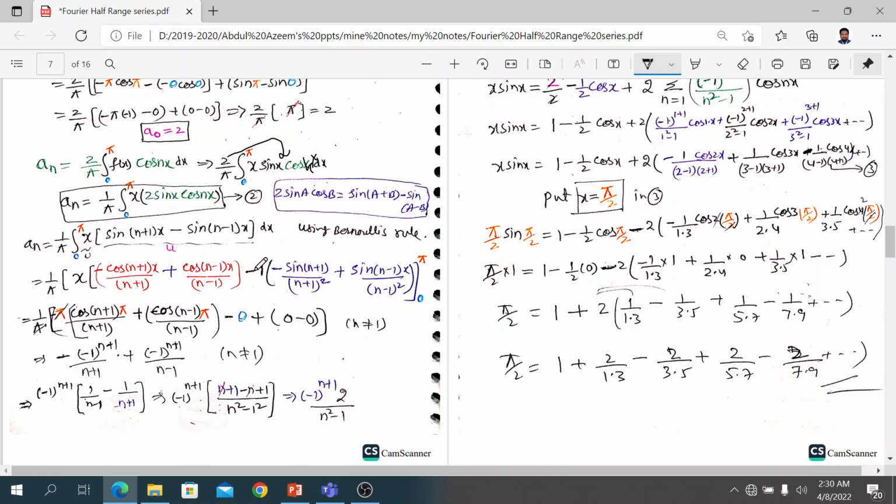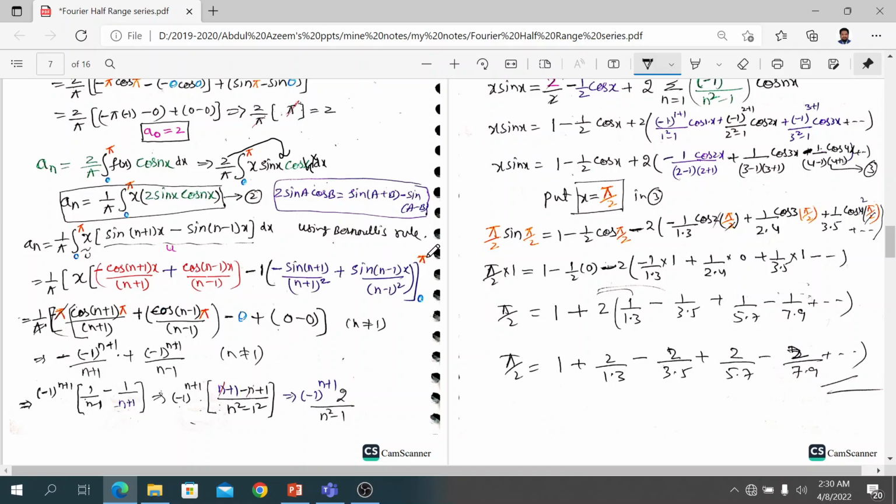Okay, again, the derivative of this: integrating minus cos((n+1)x) gives minus sin((n+1)x) by (n+1) whole square. Here cos becomes sin((n−1)x) by (n−1) whole square, with limits 0 to pi. Now upper limit minus lower limit, 1 by pi outside as it is.